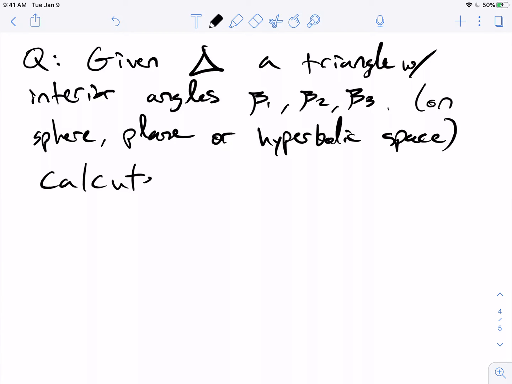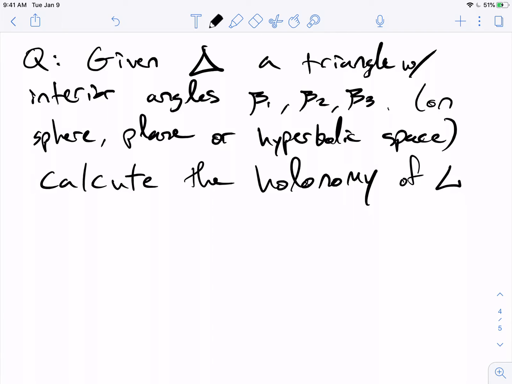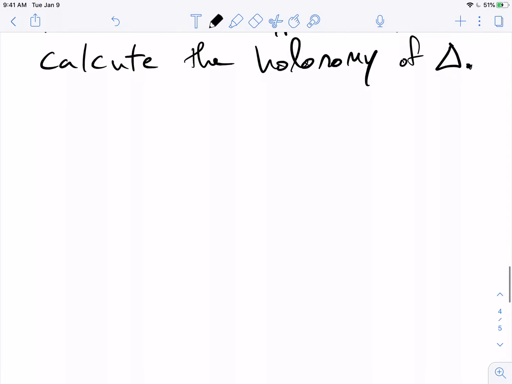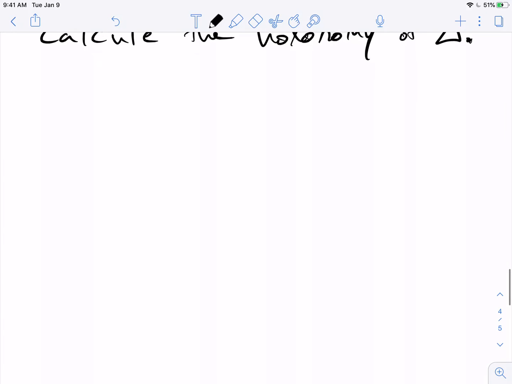And you can kind of guess from the way I'm phrasing this question, the answer should only depend on these interior angles. So you're going to get some formula for the difference between your original vector and your new vector, which depends on those beta 1, beta 2, beta 3.